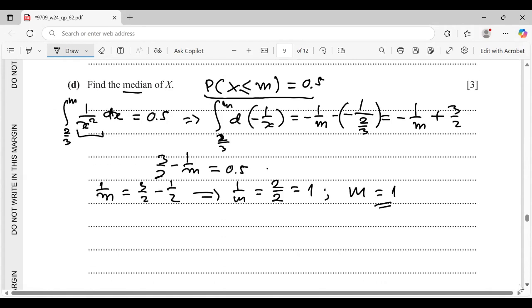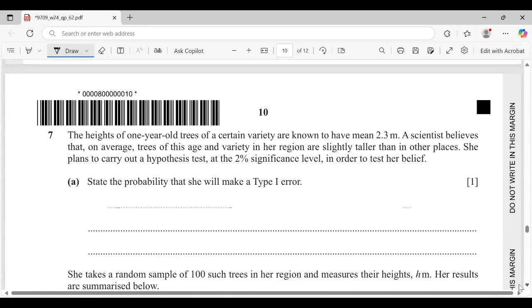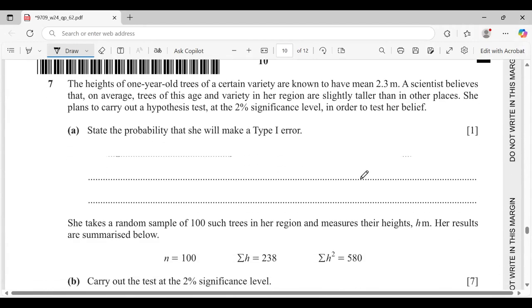Next question. Number 7. The heights of 1-year-old trees of a certain variety are known to have mean 2.3 meters. A scientist believes that on average trees of this age and variety in her region are slightly taller than in other places.